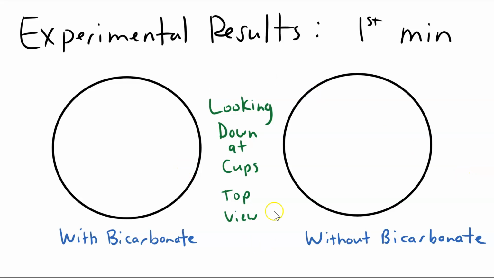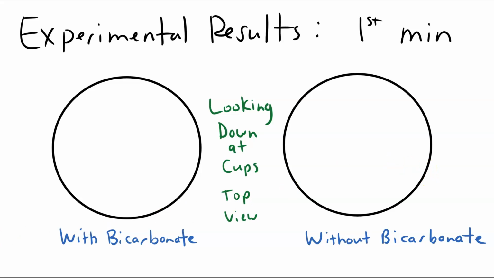Now we're looking down at the cups from a topside view. This would be the surface of the water, the top of the cups looking down. From this data at this time point, we can see that in the cup with bicarbonate at minute 1, there are no discs floating, and in the cup without bicarbonate solution over here, you can also see that there are no discs floating in the first minute.